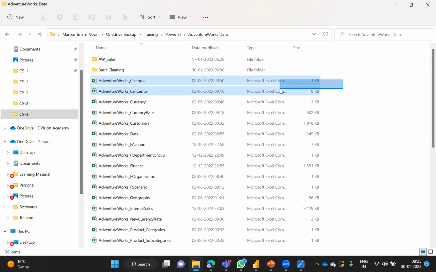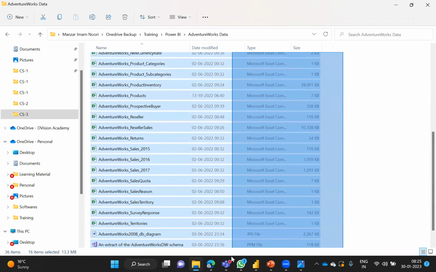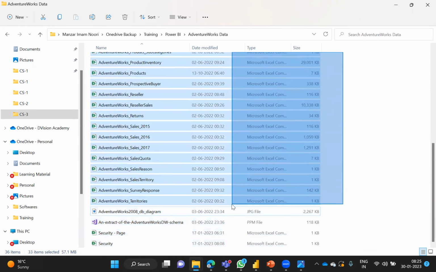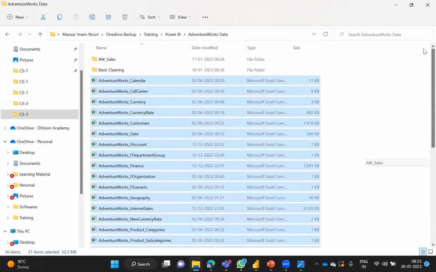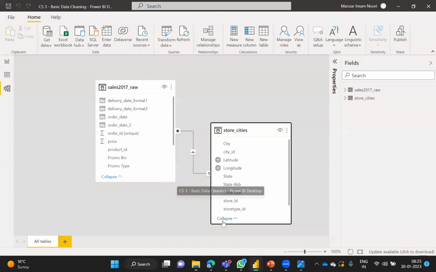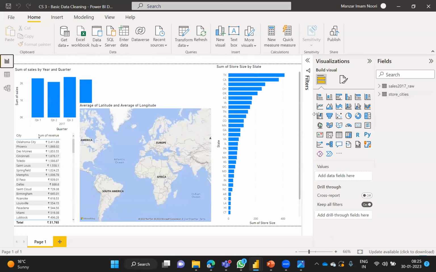We'll be using these data sets for creating the models, and we have already started creating the model. Next session, tomorrow, we'll create the model and move ahead to visualizations. We'll learn the different visualizations, charts and so on. That's all we have for today's session.